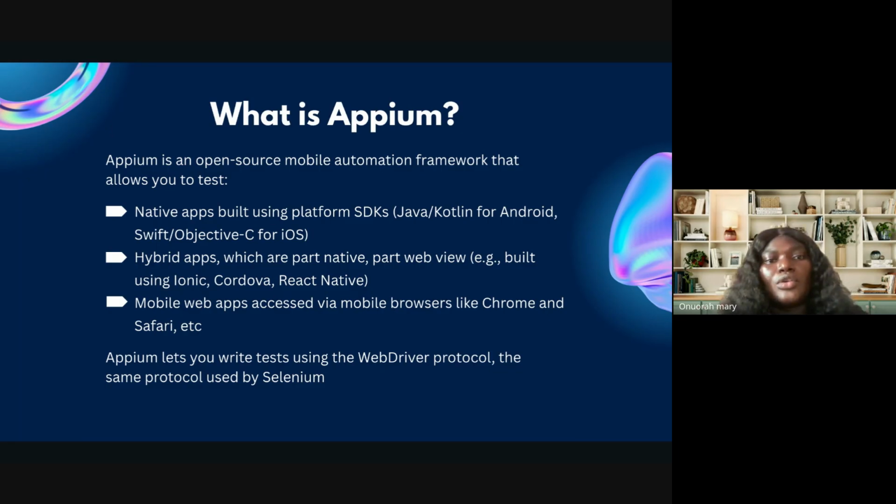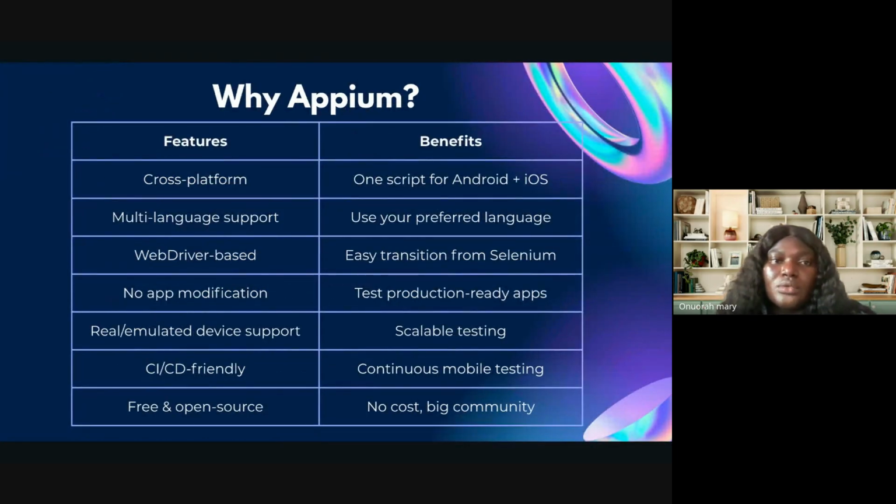So Appium also runs on this protocol, and it's open source. It's free. You don't need to pay for it. So you can basically use it for test automation on any mobile application that you want to run tests on.